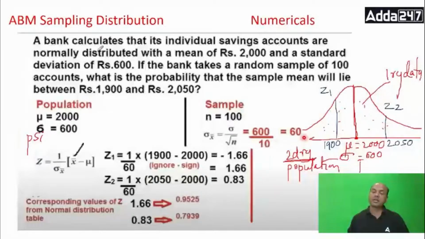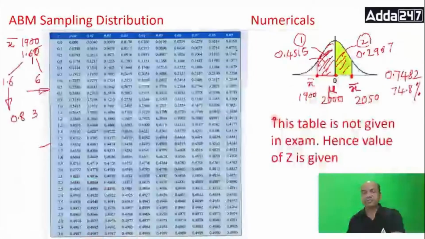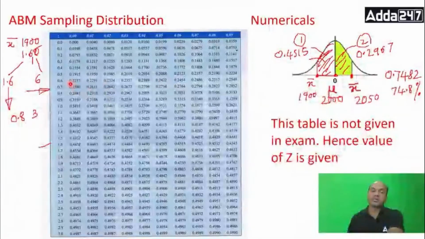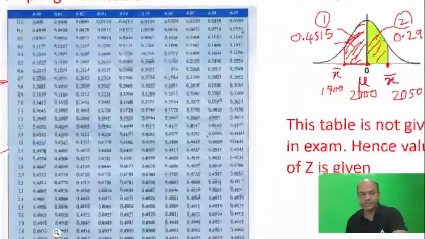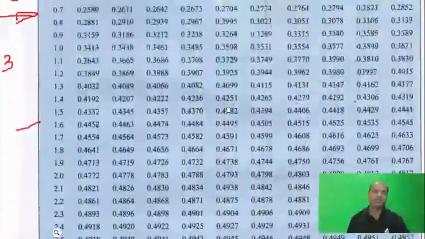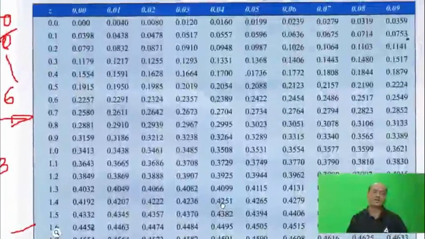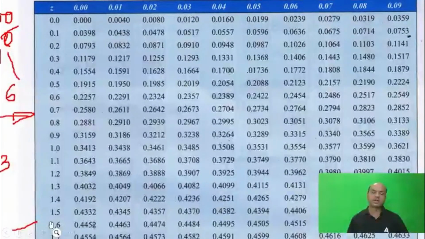Now what next? Probability. How will you find out the probability now? Go to the table. First one was what? 1.66, isn't it? See, 1.6 over here and then 6 over here. Can anyone get me this?